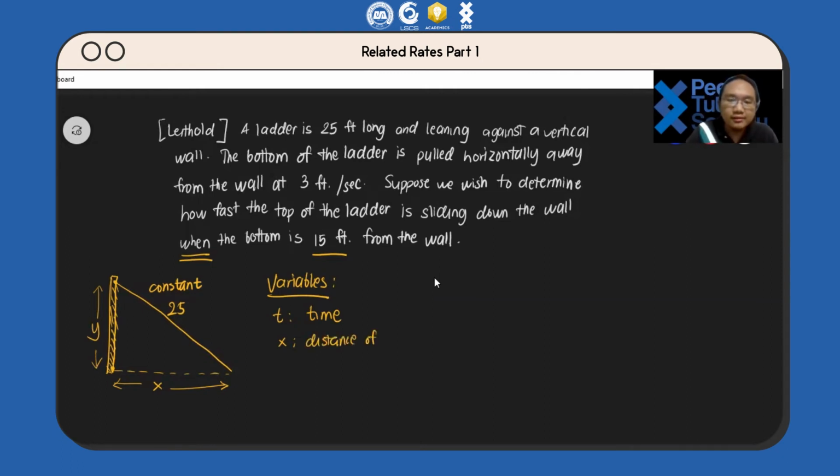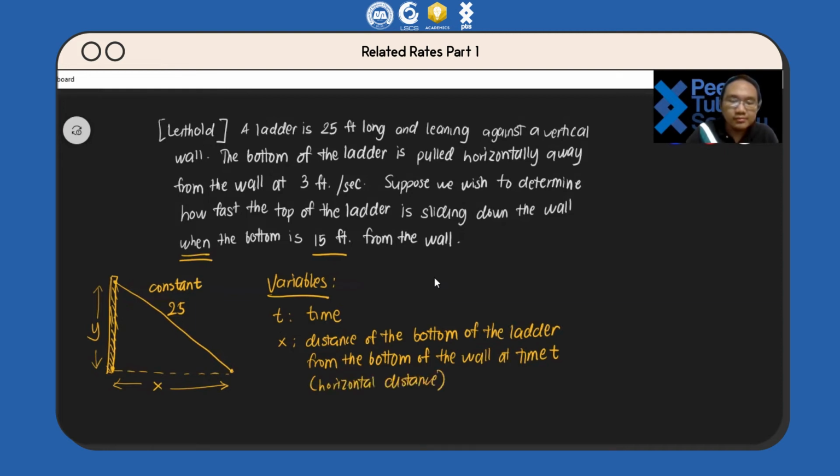So x is the distance of the bottom of the ladder, that's this one, from the bottom of the wall at time t. So x is a horizontal distance. Y is the distance of this one.